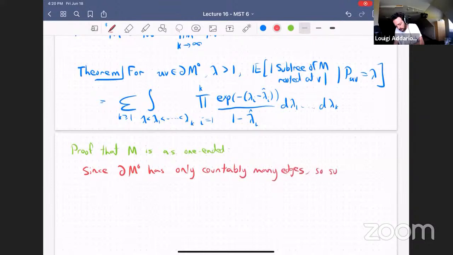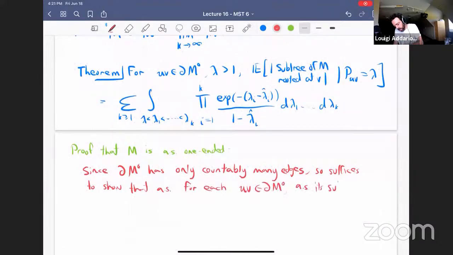So it suffices to show that almost surely, for any single edge of the boundary, its subtree is finite. So the subtree rooted at V is finite.